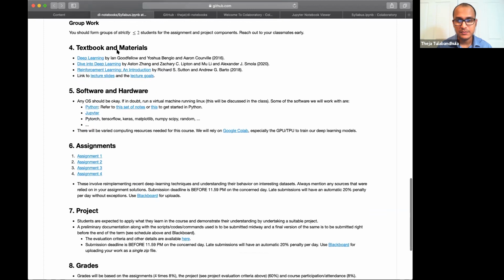Now, in terms of textbooks, we have a few textbooks. Actually, deep learning is a few years old now. It's a very comprehensive survey on deep learning techniques up to that point, up to 2016. There's also a very actively iterating book called Dive into Deep Learning by folks at Amazon. It's also on GitHub.